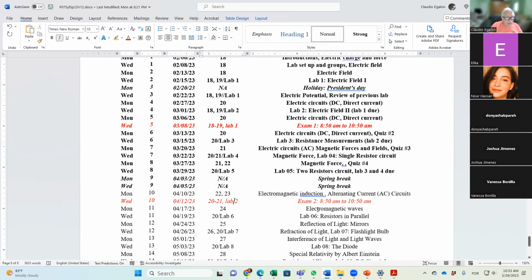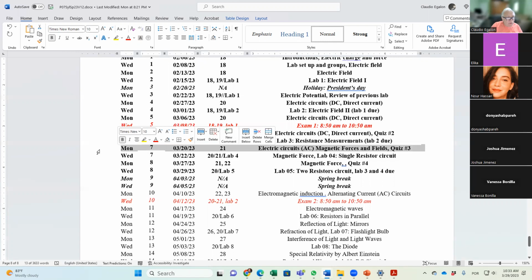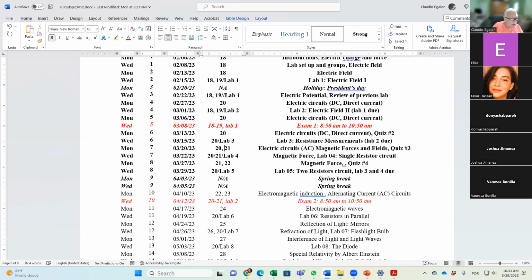Lab 2 and everything else that we cover. So the only thing that's left here is the last section of 21, which is magnetic fields. Electric circuit should be 20, 21 here.